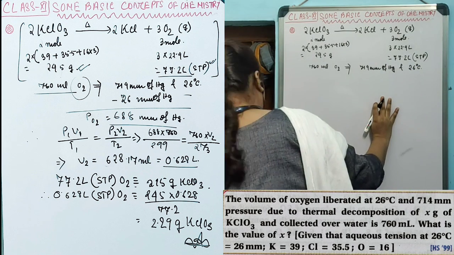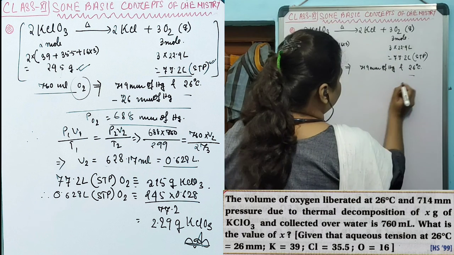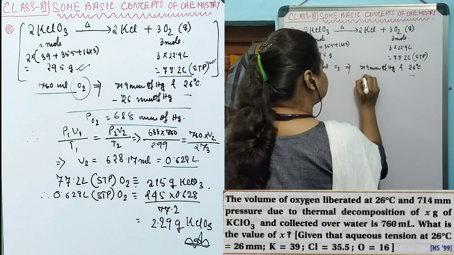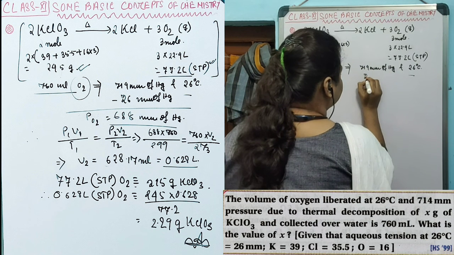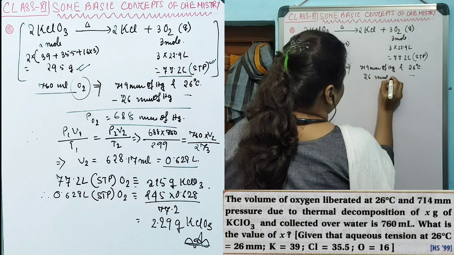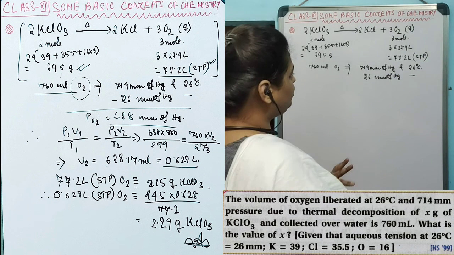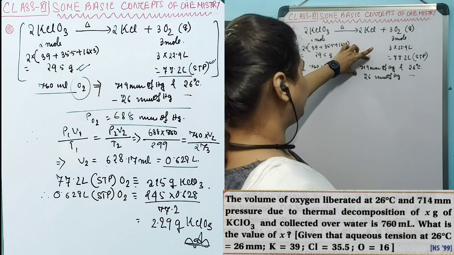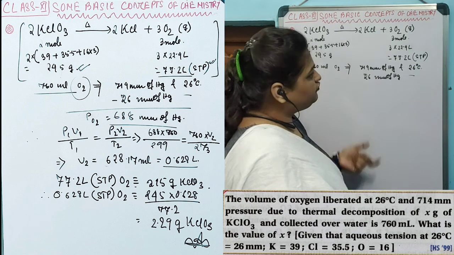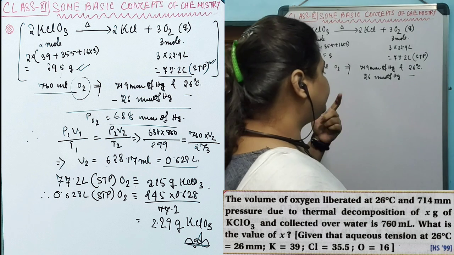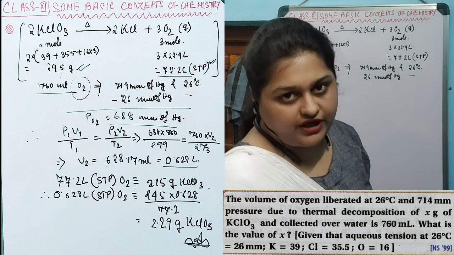Now, aqueous tension at 26 degrees Celsius is 26 mm. That is, the pressure of 740 millimeter of Hg is the pressure of oxygen and that of the vapor present in the atmosphere.